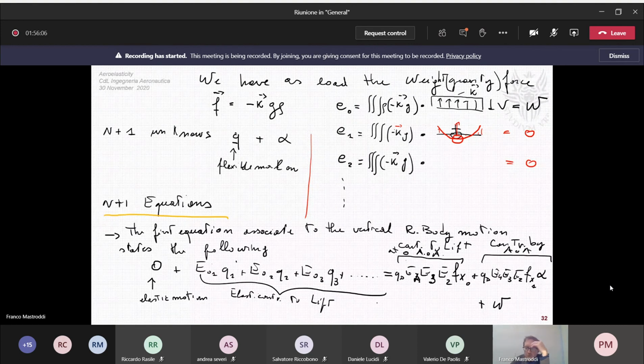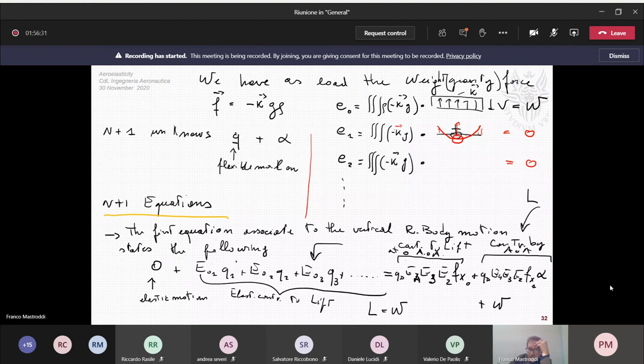When you were a baby, you wrote L is equal to W. Now these two contributions are what you consider as L, but now we also have this contribution given by the deformation of the wing.